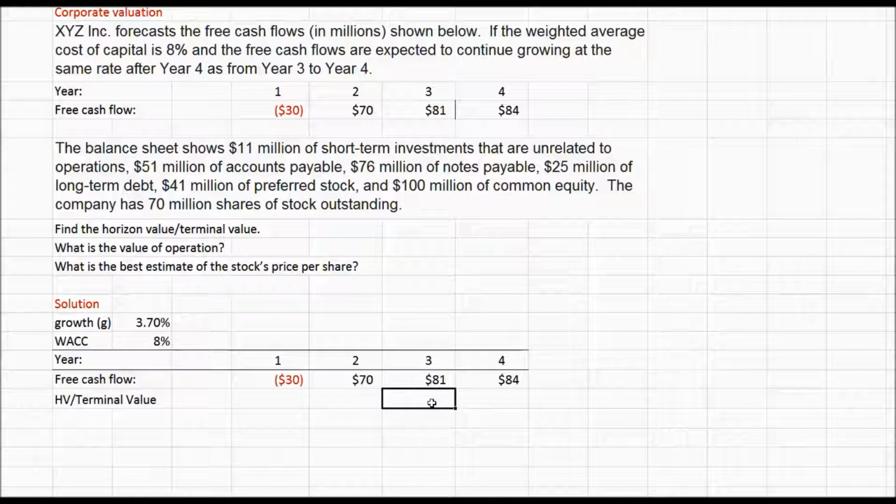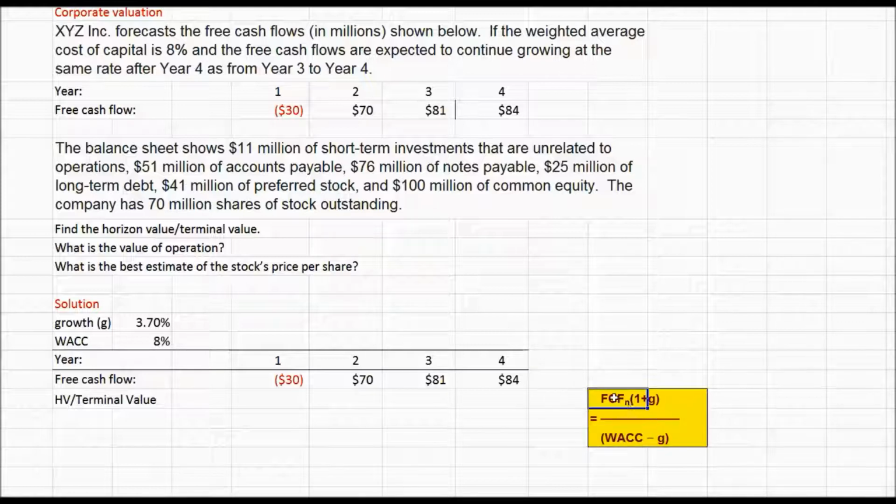The formula for horizon value is the cash flow of that time period times 1 plus growth rate. So the cash flow at time 3 times 1 plus the growth rate, divided by WACC minus the growth rate.